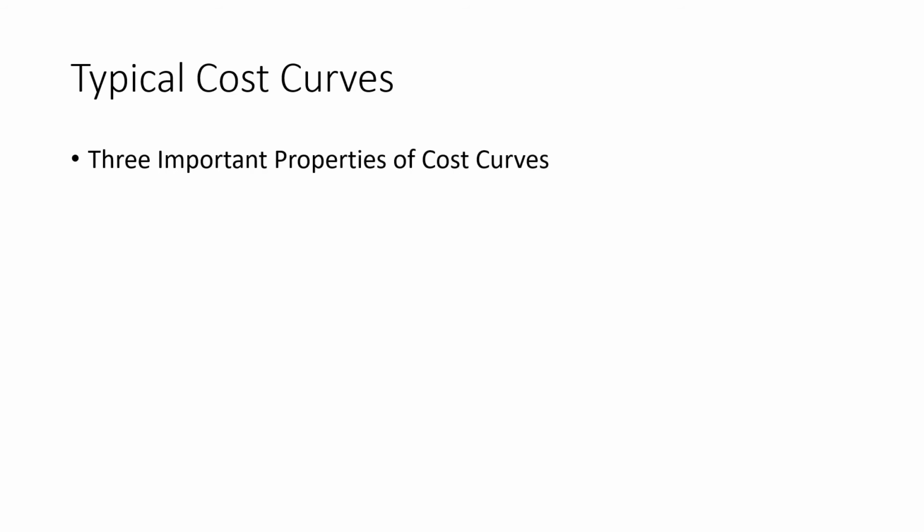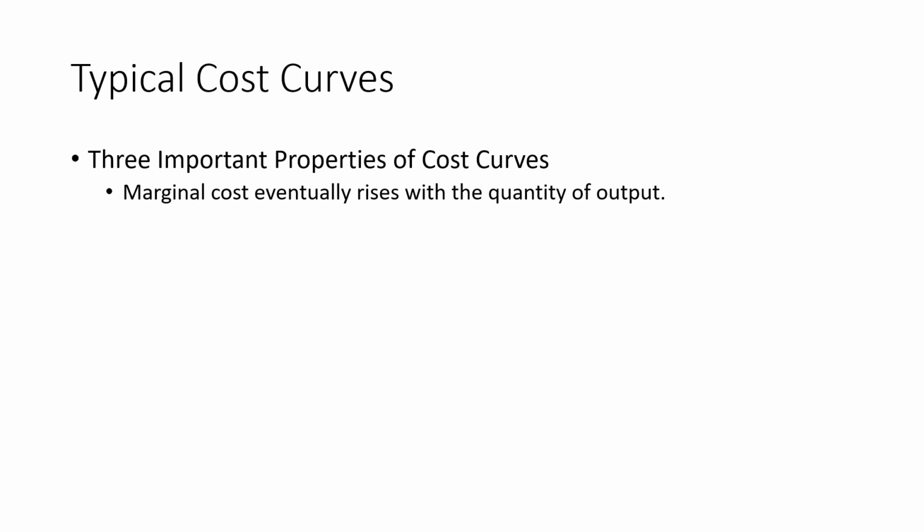Then there are three important properties of the cost curve, and we should explain these properties one by one. The first property is that marginal cost eventually rises with the quantity of output. The more and more we produce, the marginal cost will rise. Then we have the second property, that the average total cost curve is U-shaped, and we now understand why this is true.